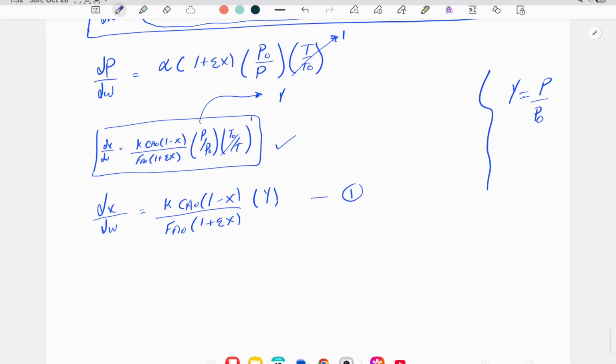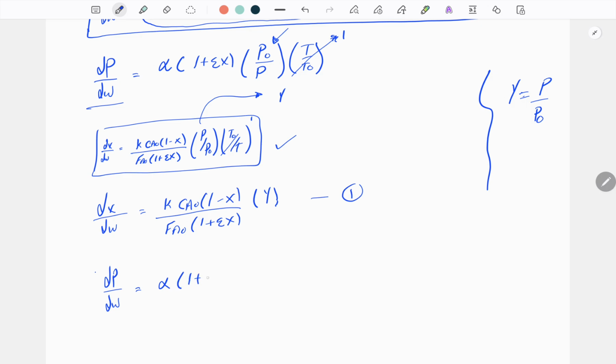The second equation, which is dP over dW, will also implement the parameter y here. So dP over dW equals alpha times 1 plus epsilon x times 1 over y.